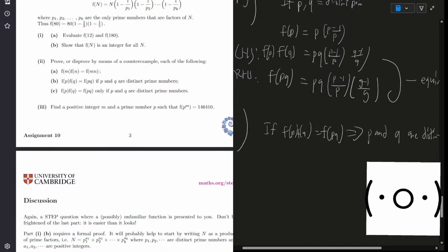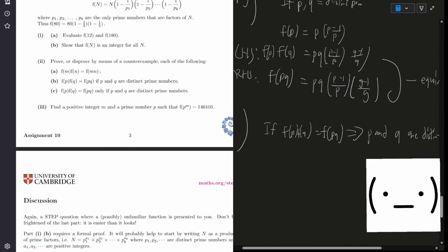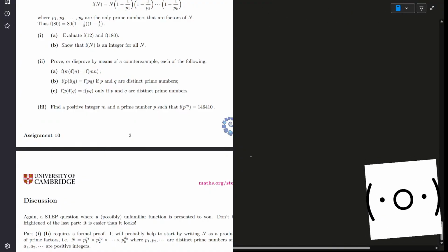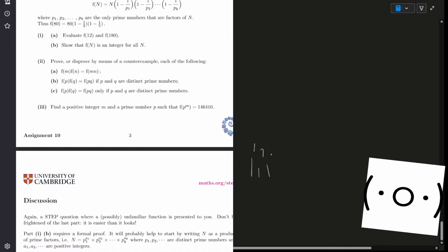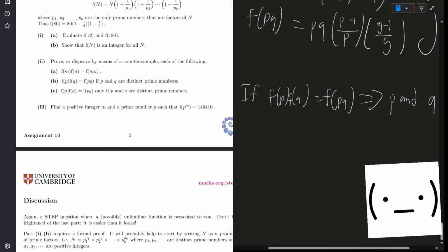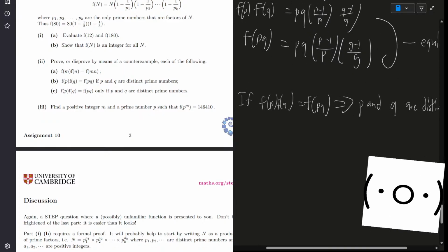This is going to be annoying. Now it's true, but it's going to be a pain in the ass to prove, so I'm going to go on to the next question. Yay, let's look at positive integer m and a prime number p. No, that looks hard. Okay, so let's probably just continue with this.